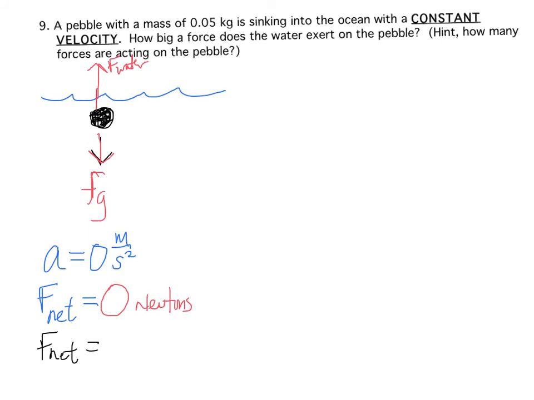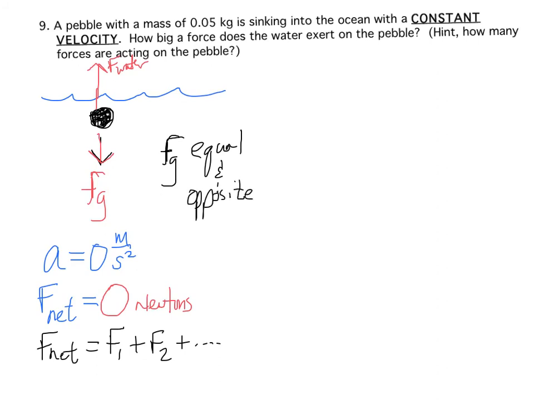And if the net force is all of the forces on an object added up, that means in this particular case that the force due to gravity, or the weight of this pebble, is going to be equal and opposite to the force due to the water. Those things are going to be equal and opposite.